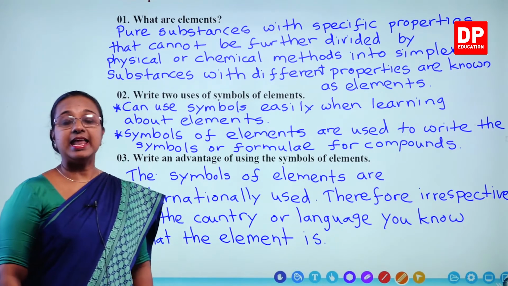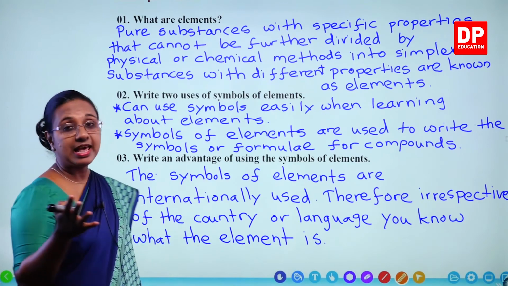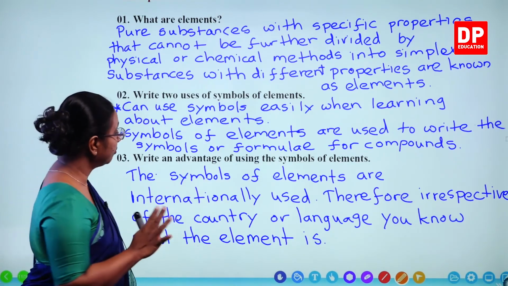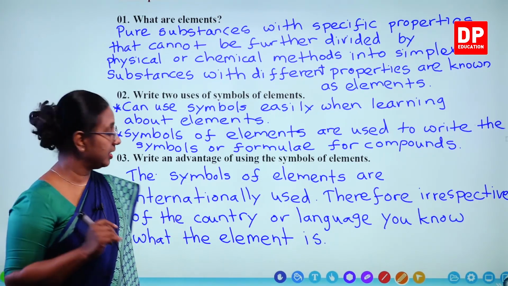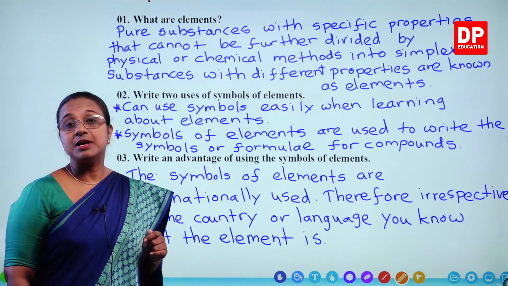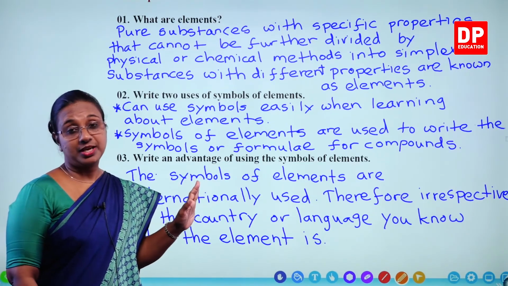So this is an advantage. Whatever the language, whatever the country, you know what element they are referring to when they use the symbol of element. Is that okay, students?